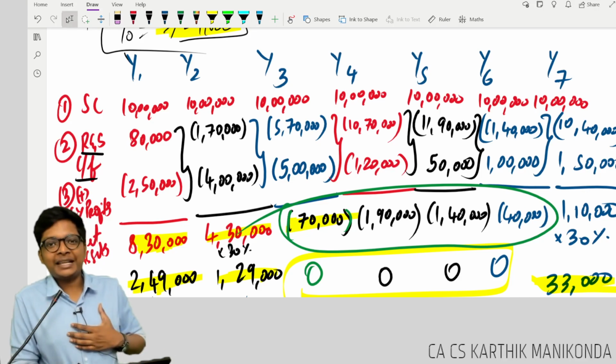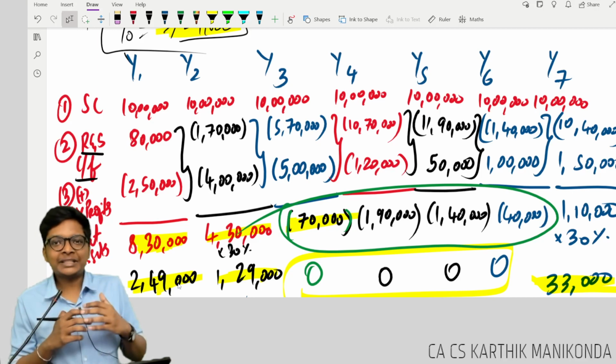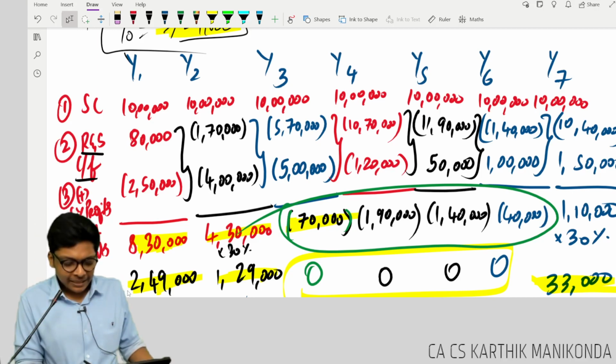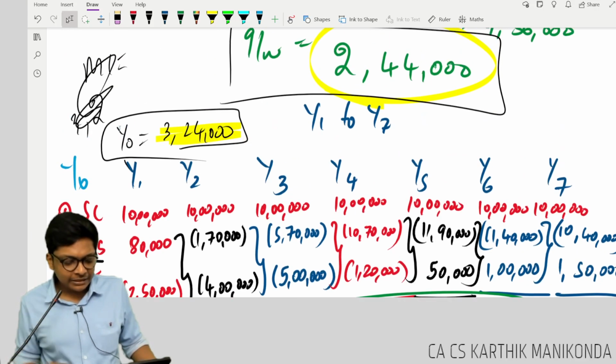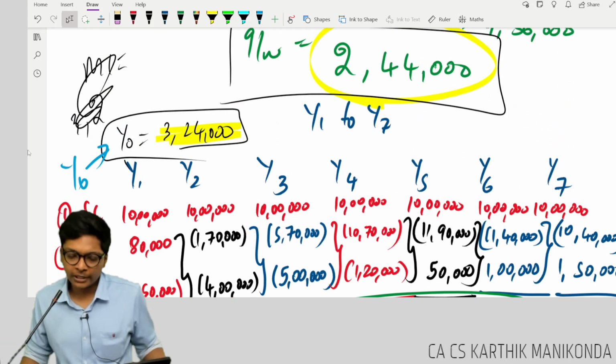So minority should be calculated at every single day. You can calculate on any day if data is given. Here I am calculating for year 1 to year 7. Year 0 already calculated above, 3,24,000. Okay.